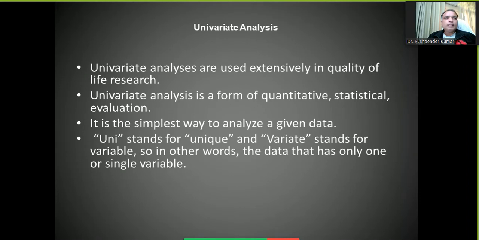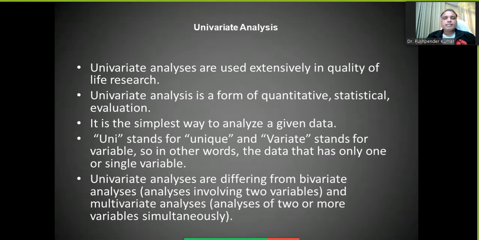So we can say, what is your income, how many have an income of more than 1 lakh rupees, more than 2 lakh rupees, something like that. So on one single variable, if you are collecting data and analyzing it, we call it univariate analysis or univariate data.